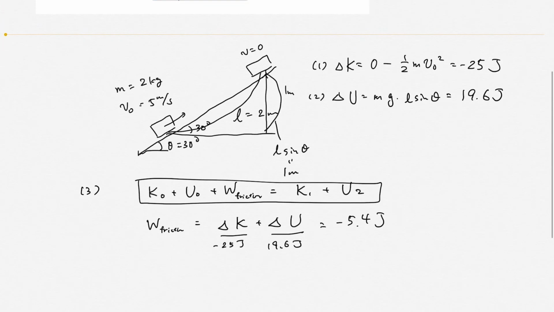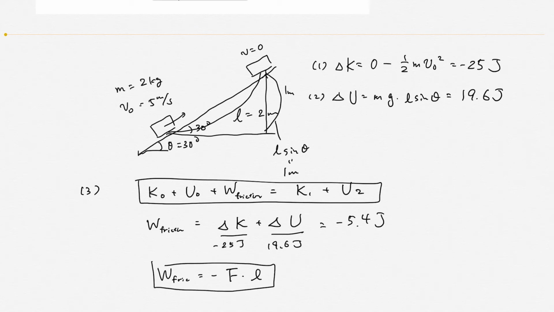Then once you have the work done by friction, the frictional force is F, which can be obtained: minus F times L is the work done by friction.